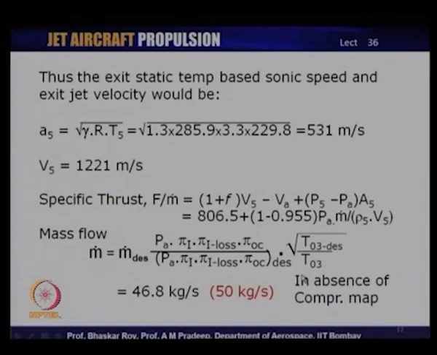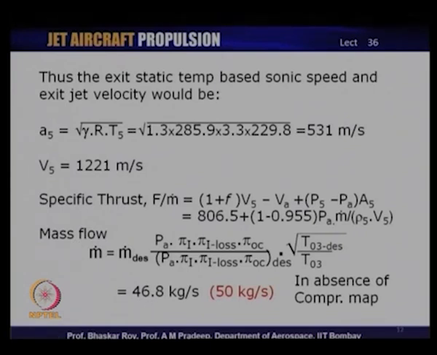So, if we compare the important engine parameters at the design point and at the off design point and take a simple ratio of them, we can arrive at a first cut mass flow estimation, which gives us the mass flow to be 46.8 kilograms per second.